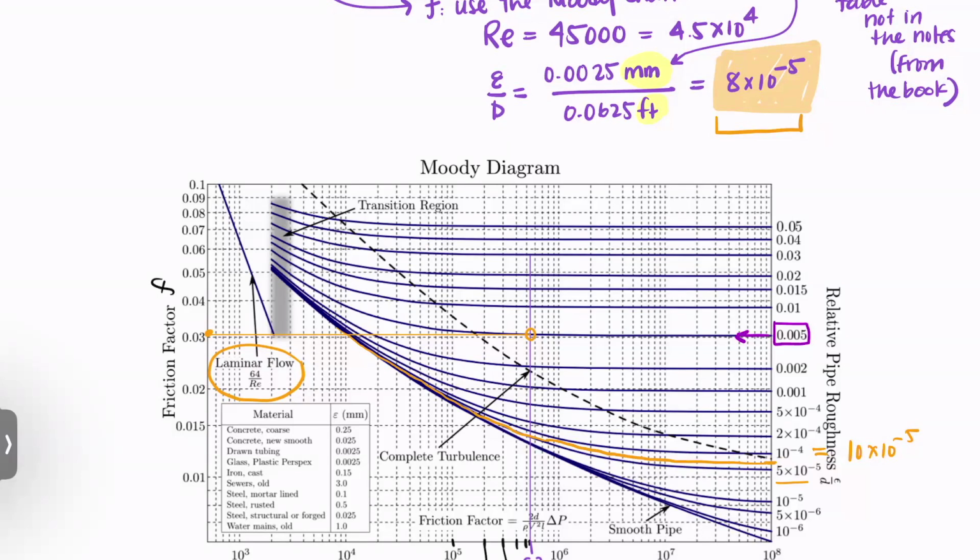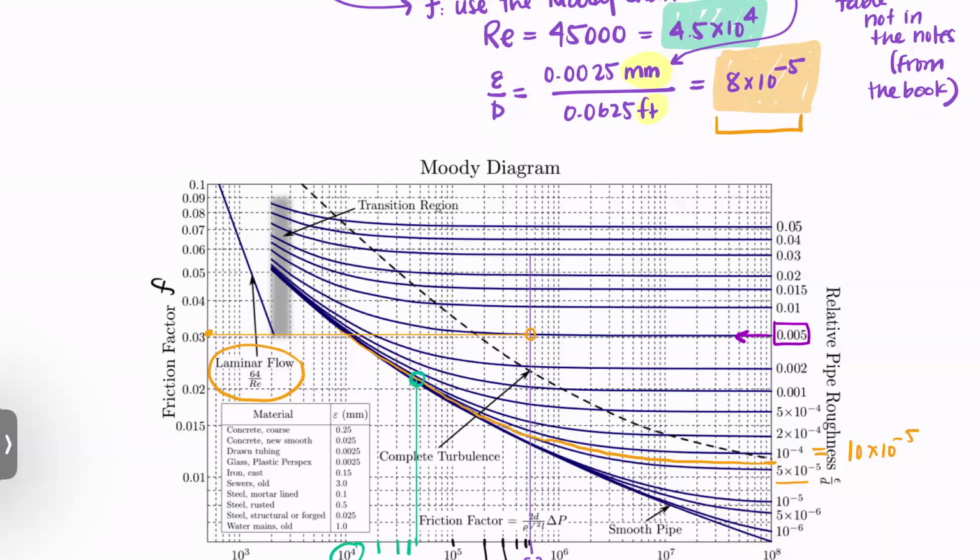Our Reynolds number is 4.5 times 10 to the fourth. So I'm going to find that down here. I've got 10 to the fourth, 1 times 10 to the fourth, 2 times 10 to the fourth, 3, 4 times 10 to the fourth. So I'm going to go halfway between the 4 and the 5 times 10 to the fourth, and follow this up here.